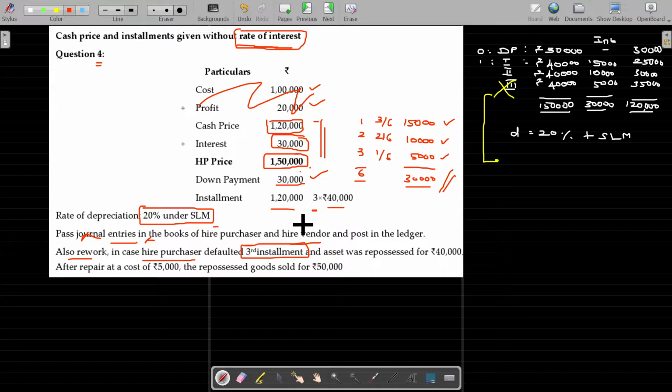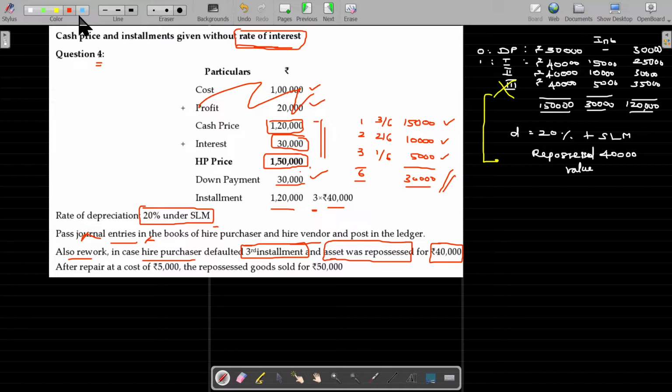Default ஆன உடனே the assets was taken over by the hire vendor named as repossessed, and then the value at which he says that it's worth to be taken over for settlement of loan அப்படினா 40 ன்னு சொல்லி இருக்கிறார். This value being 40,000 rupees. This 40,000 is nothing but repossessed value. Is that okay?